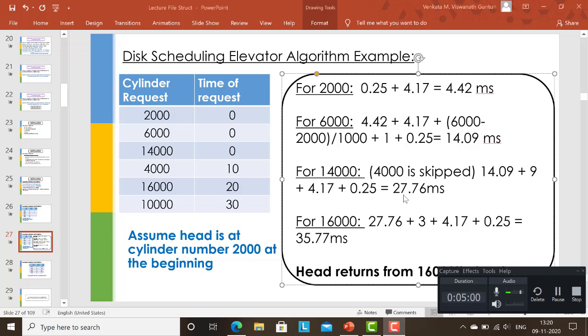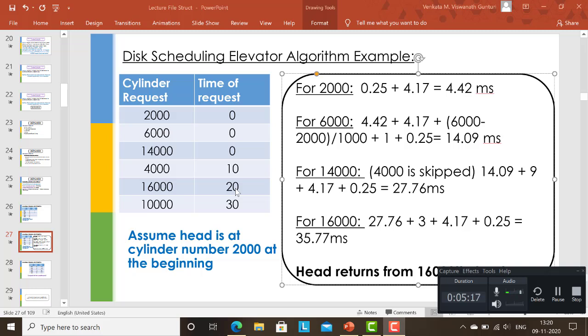Instead of going all the way up to the 16,000th cylinder, which is the last one, the disk head may decide to return back because there are no requests in the queue.